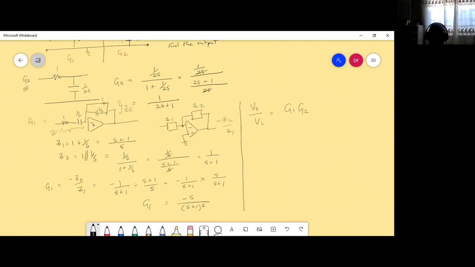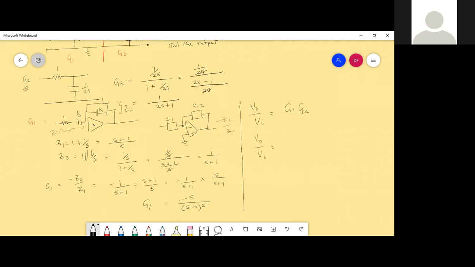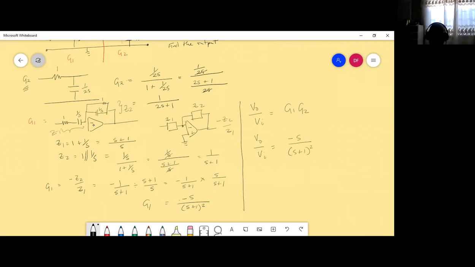We look at it, it is an inverting amplifier, and we just say minus Z2 divided by Z1. So we can find the relationship between V out and V in by just saying that it is equal to minus S over S plus 1 squared times V in.